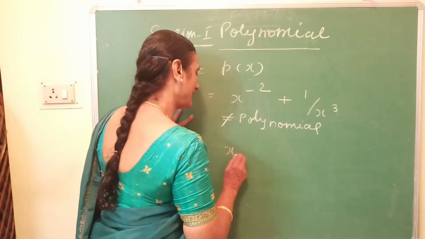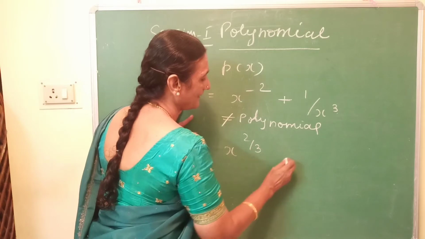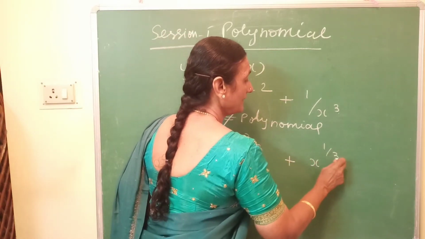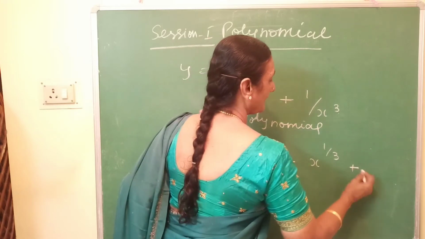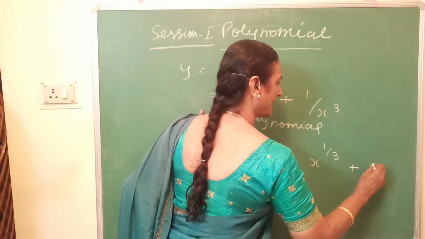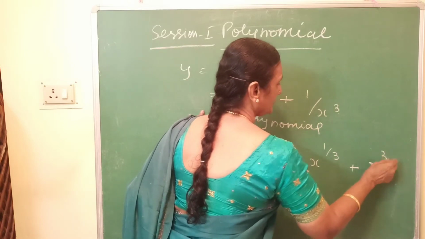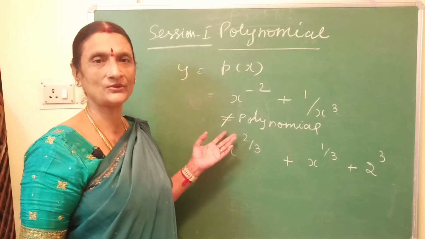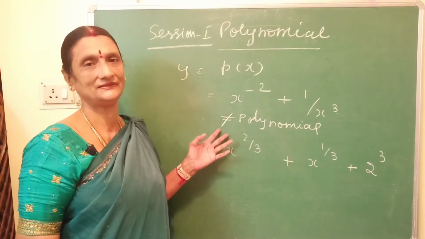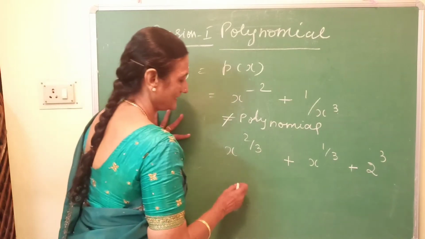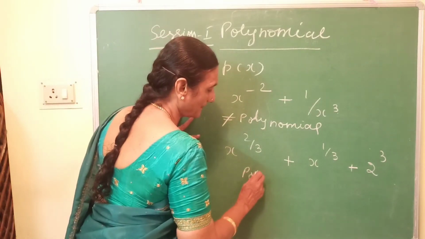Suppose we have x power 2 by 3 plus x power 1 by 3 and then plus some other constant value. Constant can be anything. It can be 2 power 3 or anything. That constant is not going to disturb the literal numbers. So this also we cannot consider as a polynomial.